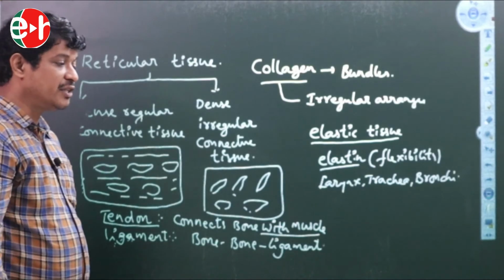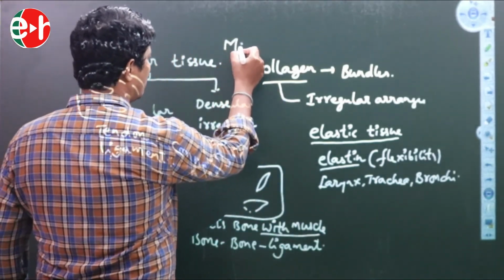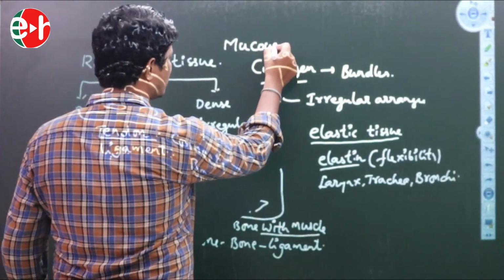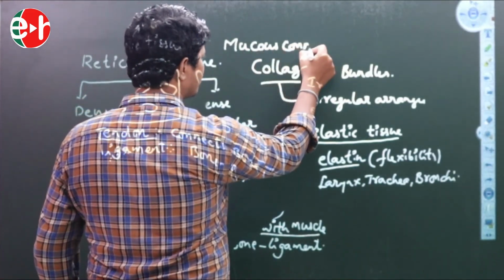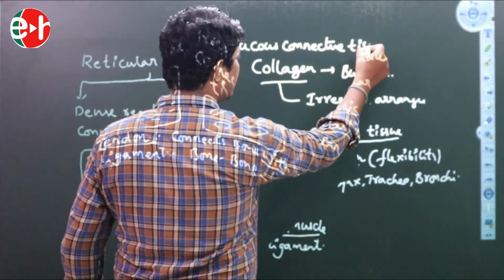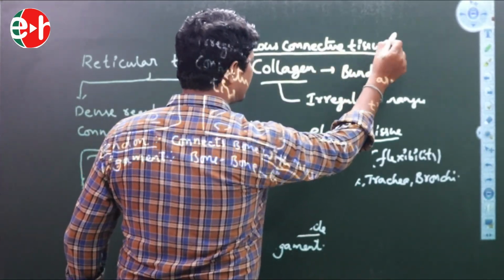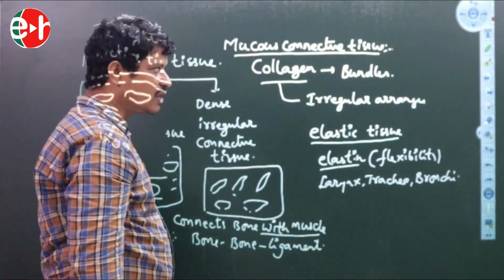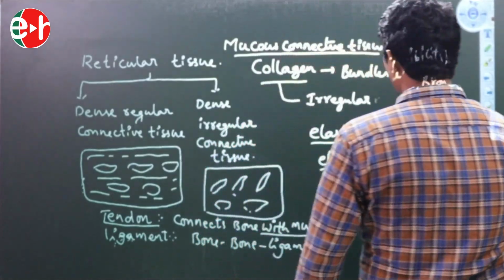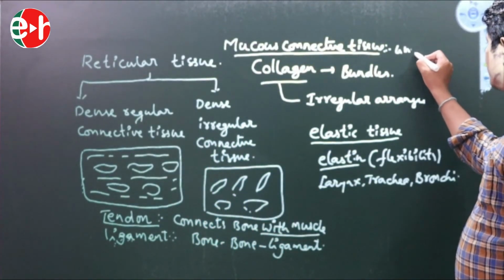One more tissue is present. This tissue is mucous connective tissue. This one is an additional connective tissue. This mucous connective tissue secretes the mucus. For example, this mucous connective tissue is in the umbilical cord.